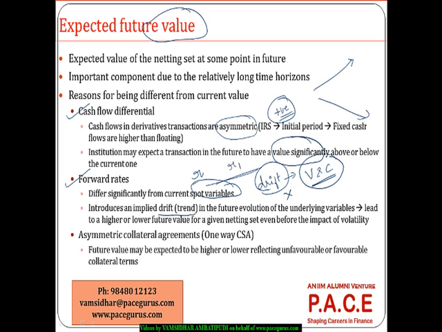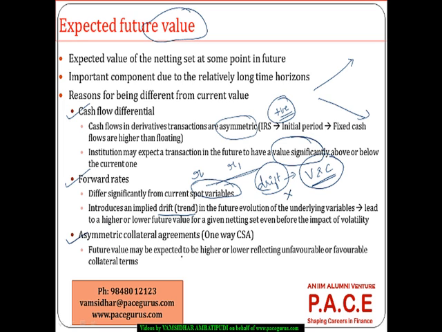So not even looking at the impact of volatility, along with the volatility, there is a full-fledged change that can come in the expected value of that variable also. That is one more reason we see that the future values will be to a large extent different from the present value, and that's the reason we really need to have a procedure to compute the future values.